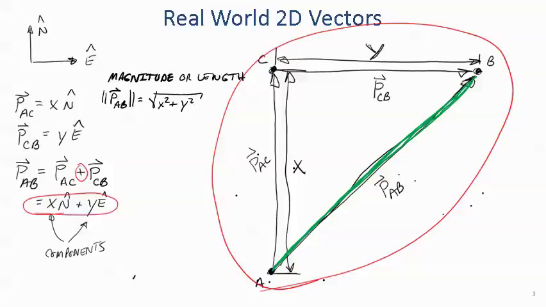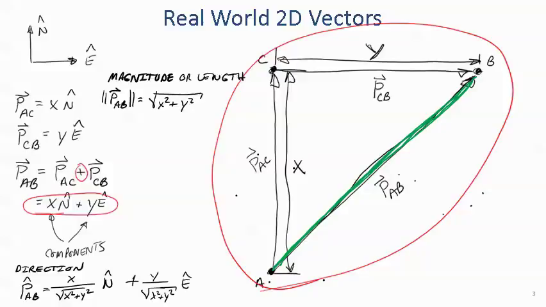The direction of PAB is obtained by dividing PAB by its magnitude. And when we divide PAB by its magnitude, we get a unit vector. And it looks something like this: x hat plus y hat over the square root of x squared plus y squared.